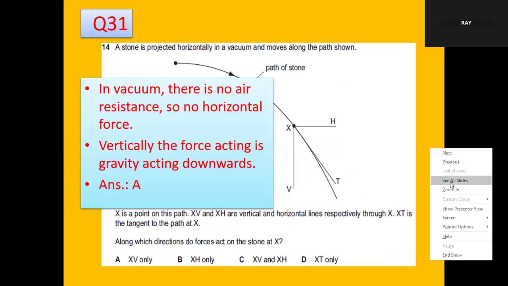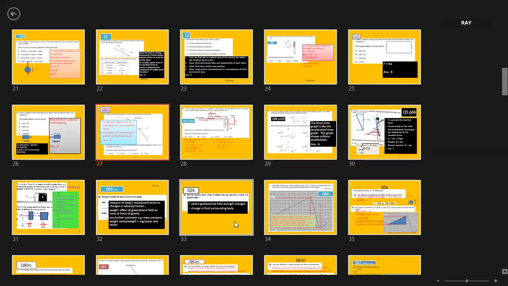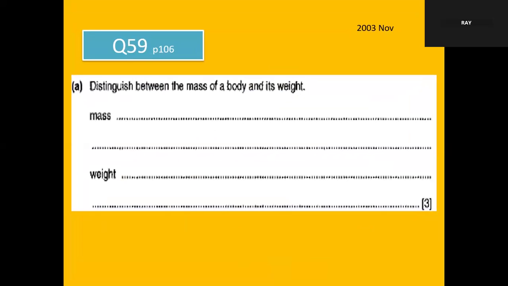Okay, let's try something else. Distinguish between mass of a body and its weight. What is mass?